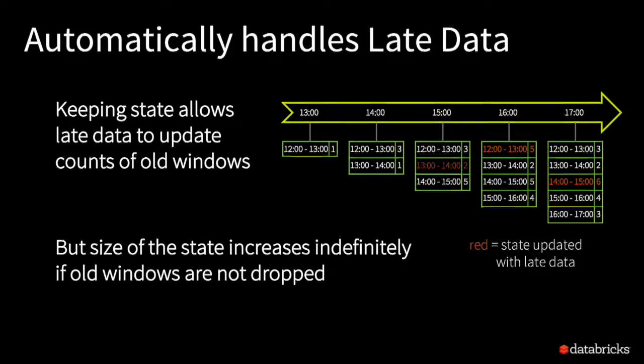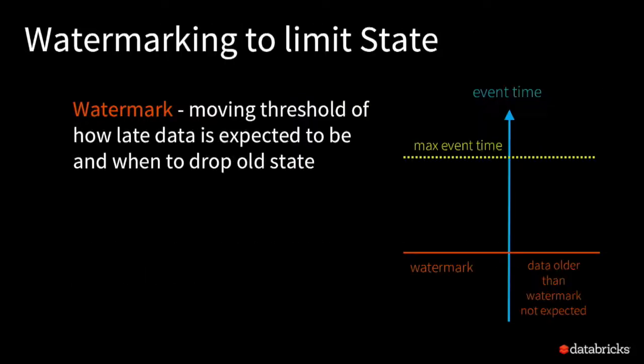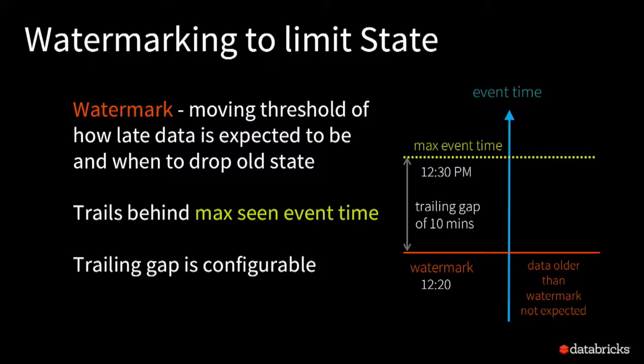To prevent that from happening, what we have added is something called watermarking. Watermark is essentially a moving threshold that specifies how late the data is expected to be. For example, if I expect my data to be at max 10 minutes late, then I can specify in the system that the watermark moves 10 minutes behind the newest event time seen by the system.